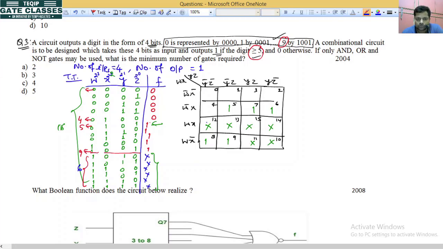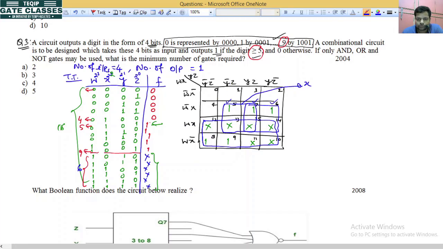group them. So one octet is possible here, and 2 quads are possible. Now for this quad, what will be the function? From the row side we have x, because w bar x, wx.